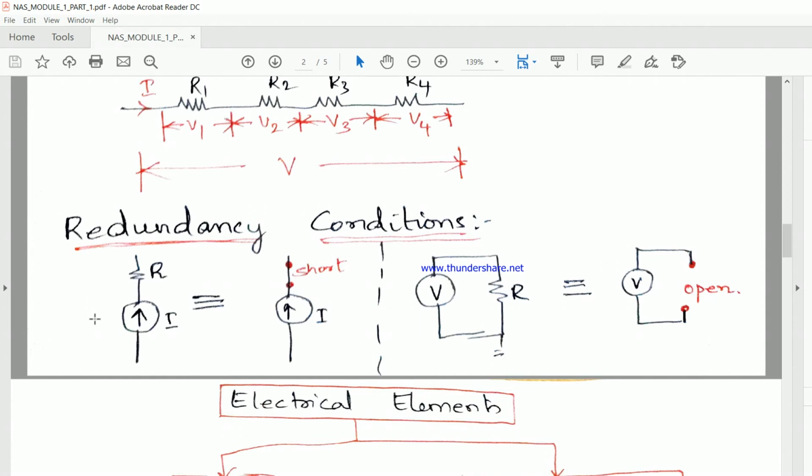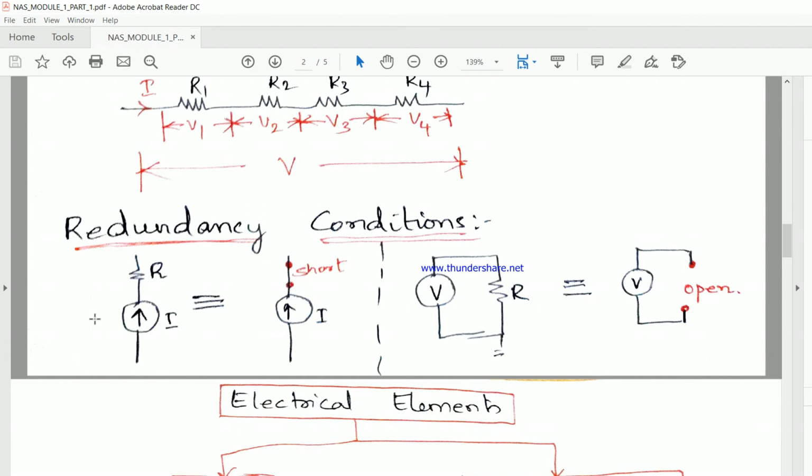I equals 0, open. I equals infinity, short. V equals 0, short. V equals infinity, open. Please learn these three terms, and if you know all of them, then learning the concepts in the electrical network becomes much simpler further.